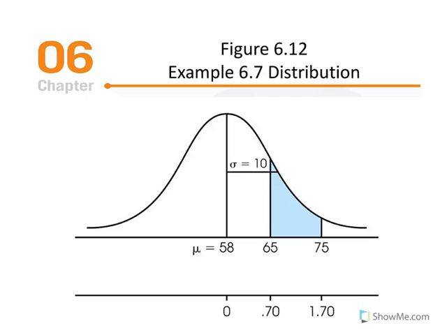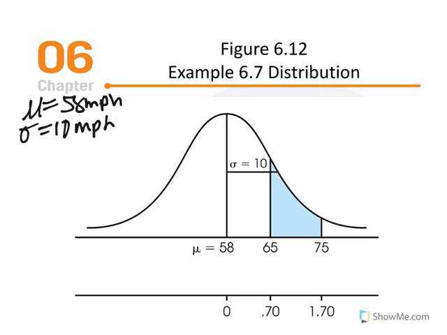Before we move into an example of percentile rank, let's do one more example of finding the proportion between two scores. And we'll use the driving speed example as a foundation. So again, the average speed was 58 miles per hour with a standard deviation equal to 10 miles per hour.